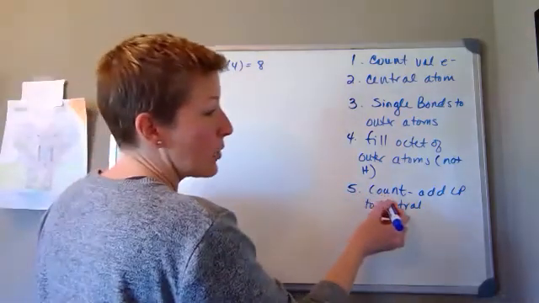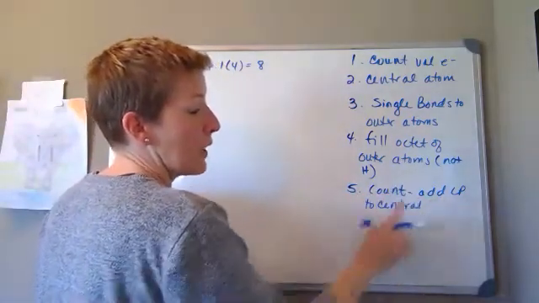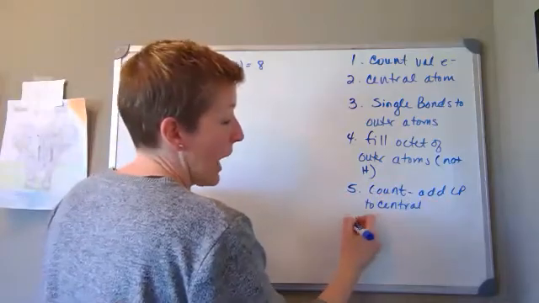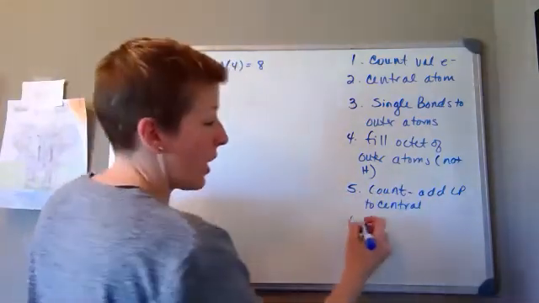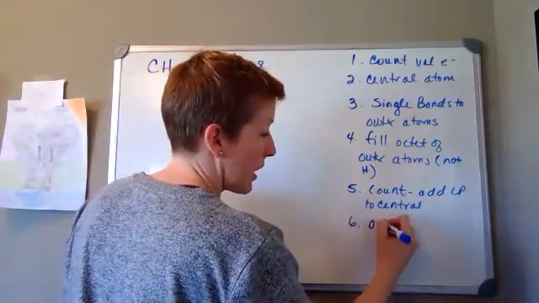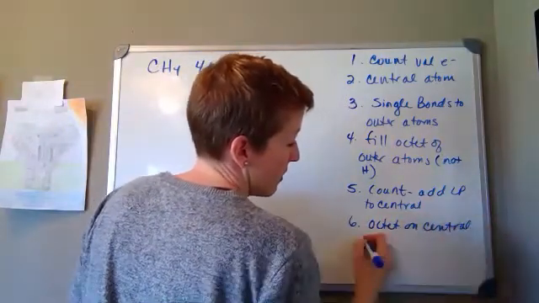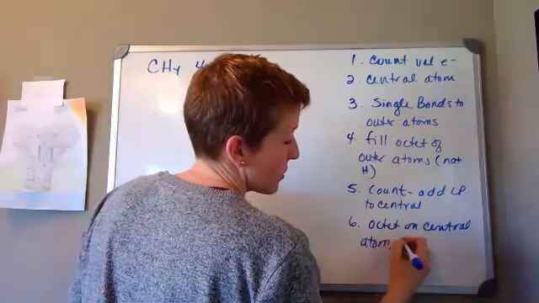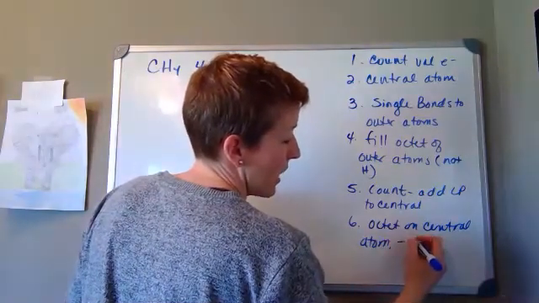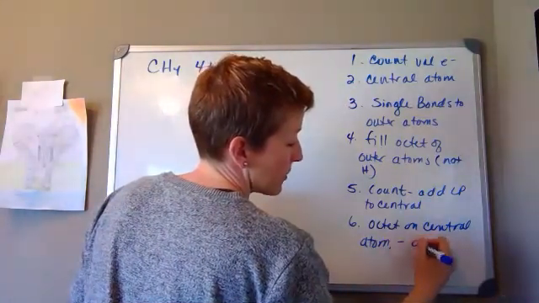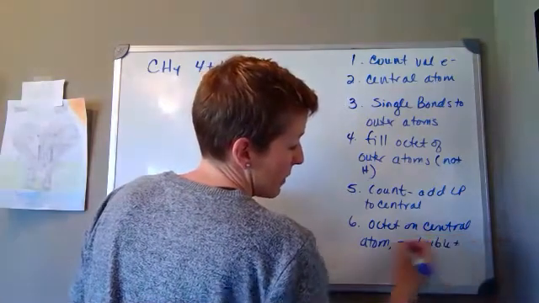So when we count, if we need more electrons, we'll add a lone pair to the central atom, and then our central atom needs to have an octet on central atom. And if we don't, then we just add double and triple bonds. So I'll just put double and triple bonds.